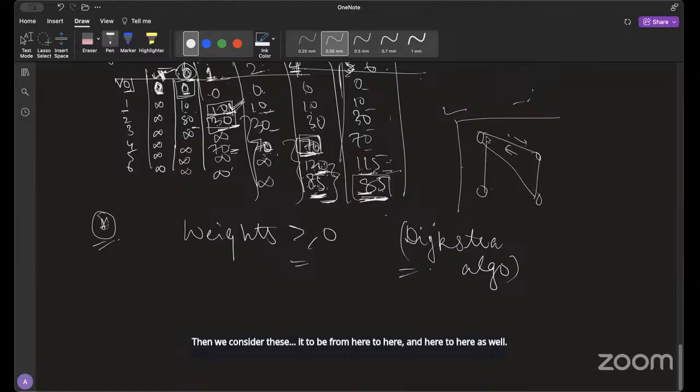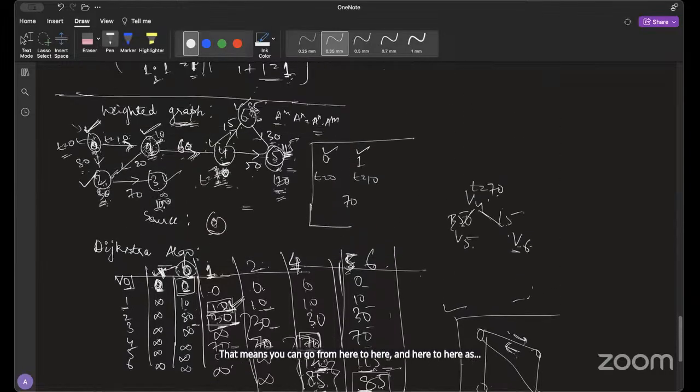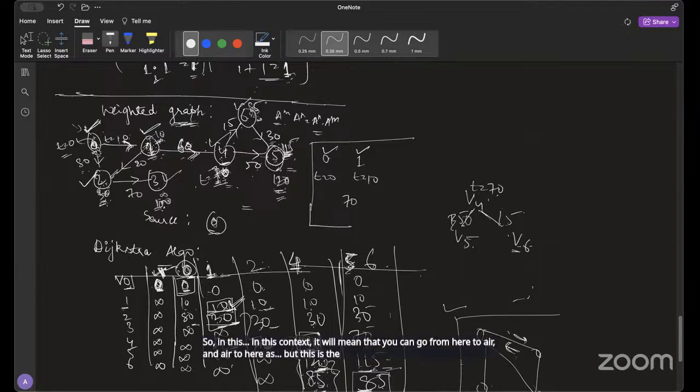That means you can go from here to here and here to here as well. But this is the source. The fire started from here. So if you're going from here to here, you wouldn't need this thing, right? Because it's already burnt. This would mean that there's a path from here to here and here to here as well. So that means you can go from 80 to 20. So this will burn at.